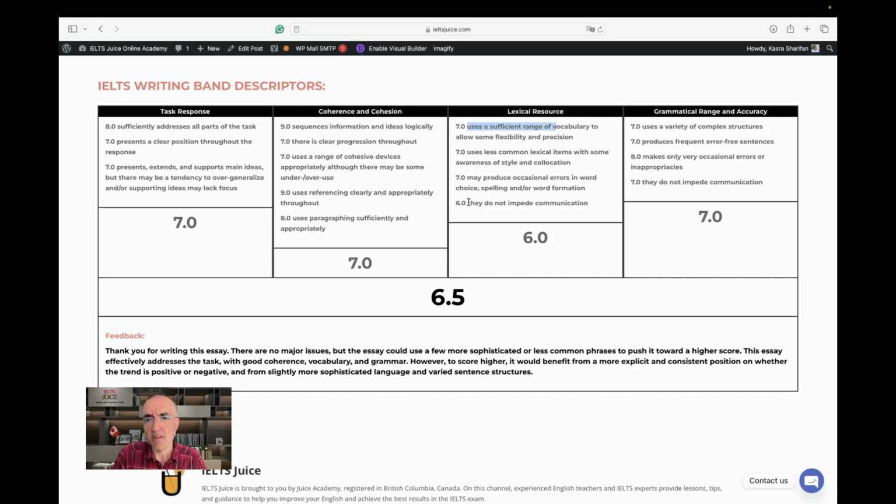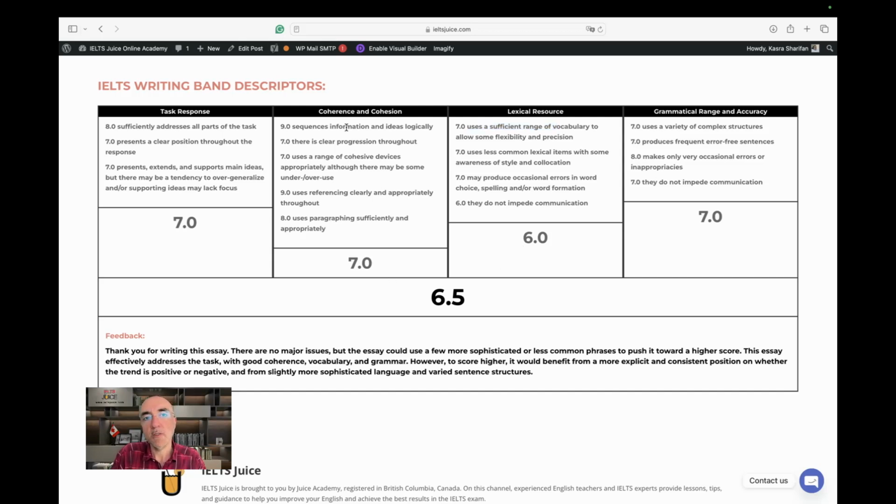And I picked one or two errors, generally they did not affect communication, but it's just a very small element. For basically a 7 at vocabulary, your words should just be as healthy as you can write them without major errors.